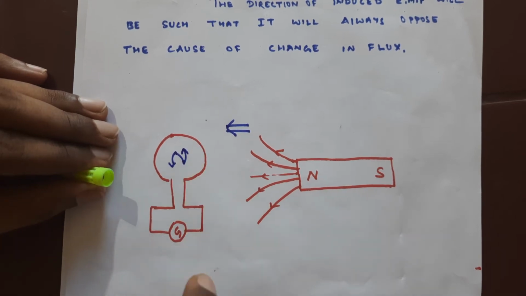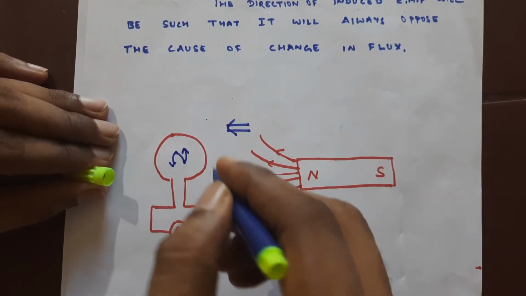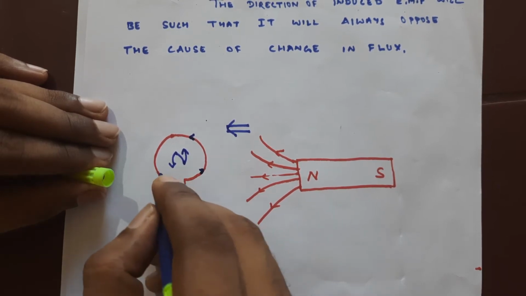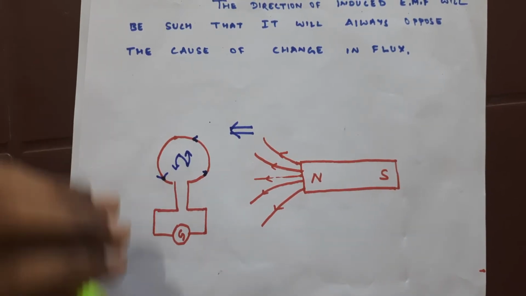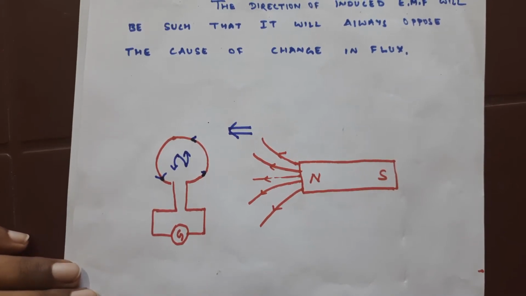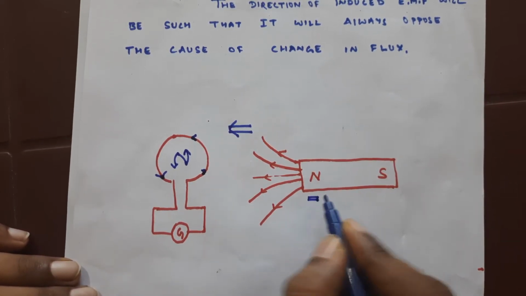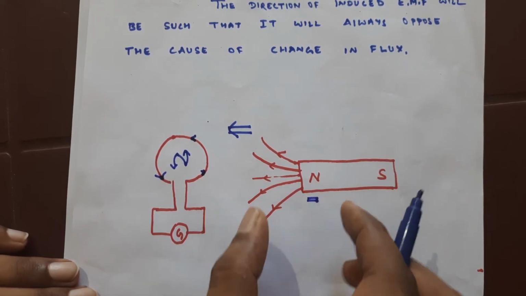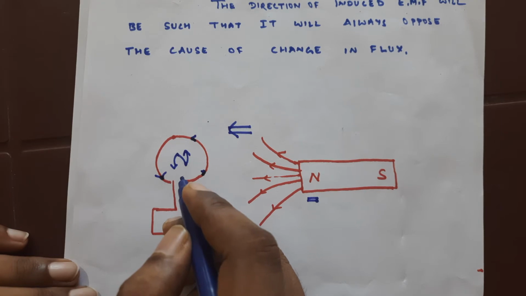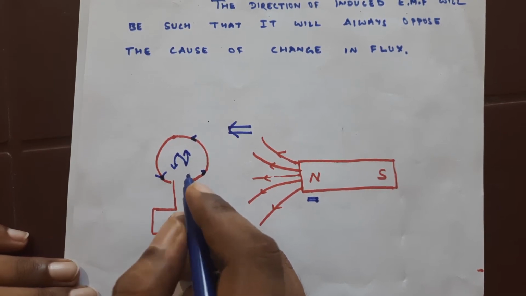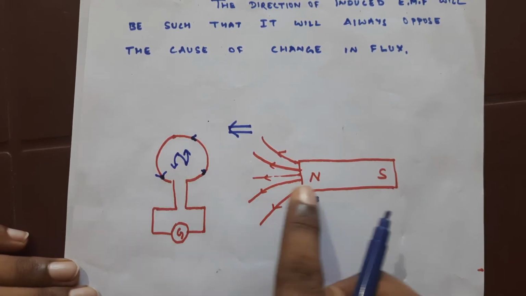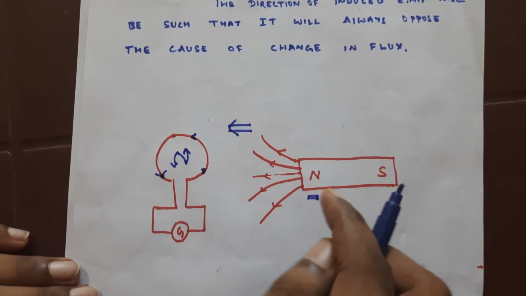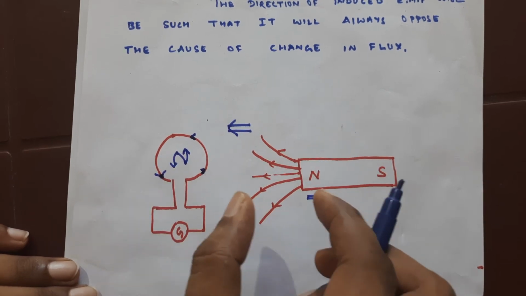That means if there is a north pole over there, the current will be anti-clockwise. Clear? This is only to oppose the change in flux, because if this magnet is brought closer and a south pole is developed over here, in that case what will happen? This south pole and this north pole will attract each other, and the magnet will move with more rapidity towards the coil.